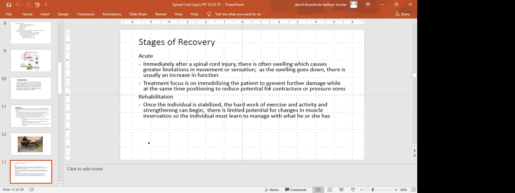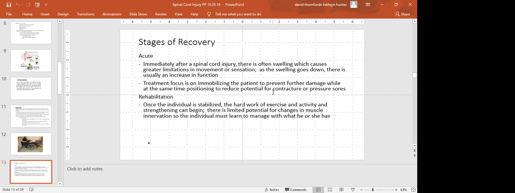And our treatment focus while the person is in the acute stage is immobilization, because sometimes after a spinal cord injury, somebody can have bony parts that might injure the spinal cord if they haven't been operated on. So we want to immobilize the patient to reduce further damage.